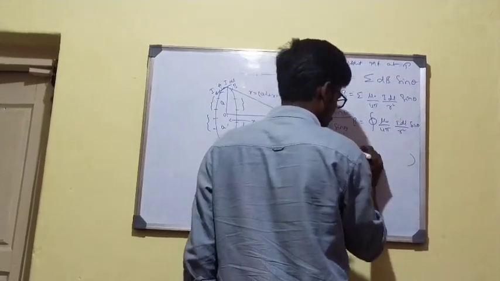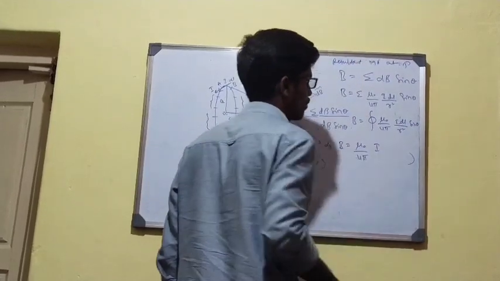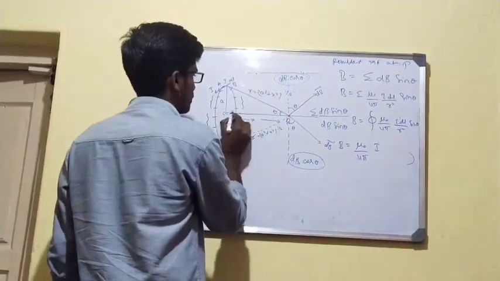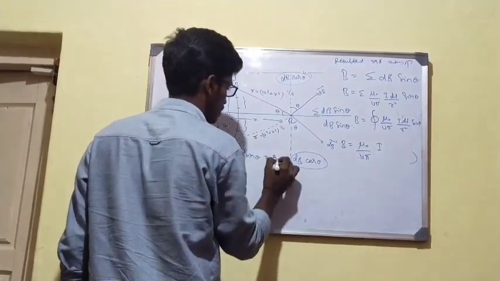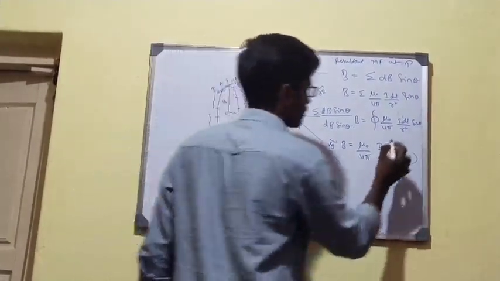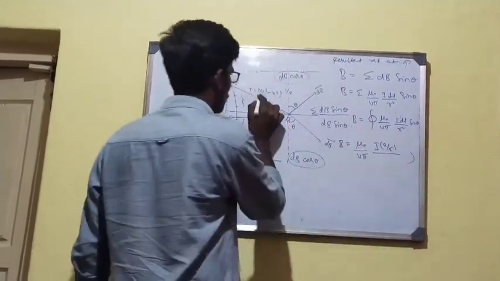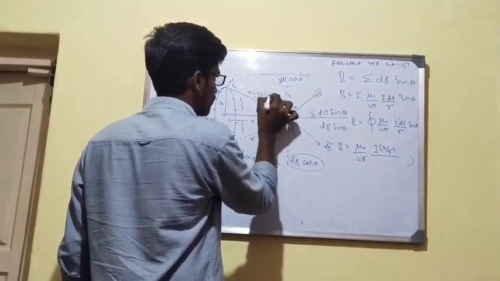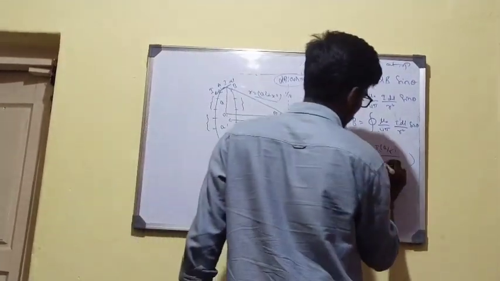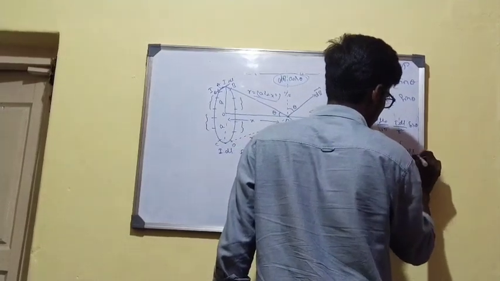First, I have to take constants outside: mu naught divided by 4 pi. Here I is constant, and sin theta is also constant. From this figure, sin theta is equal to opposite divided by hypotenuse, that is a by r, whole divided by r square. What is r square? Here, r is equal to the square root of a square plus x square. Therefore, r square is equal to a square plus x square, into the integration of dl.